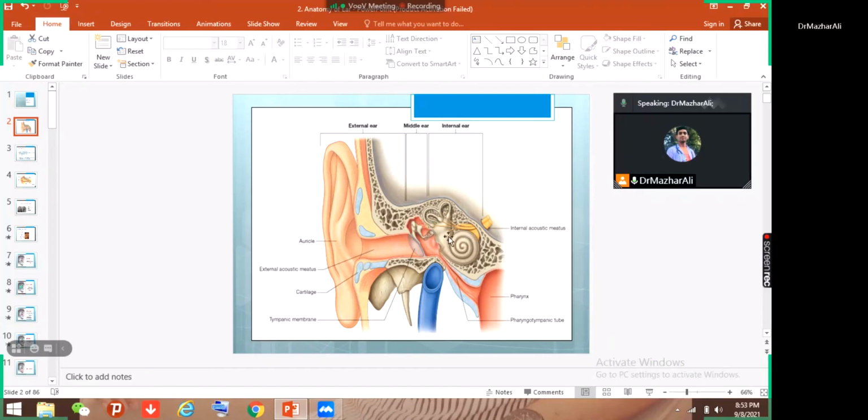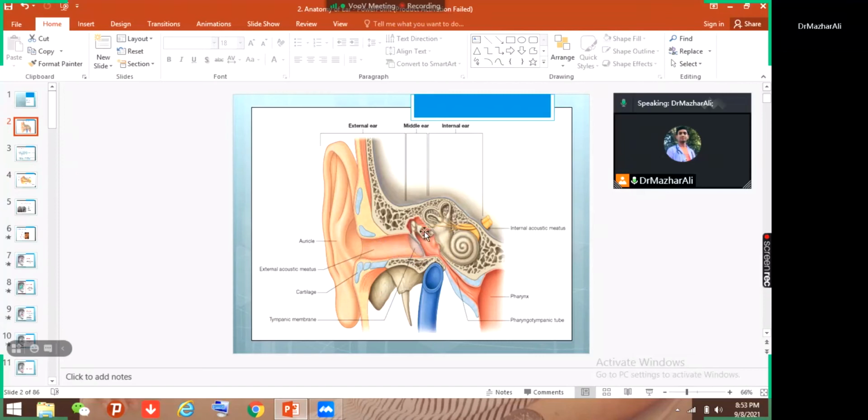The middle ear is just a conducting pathway for sound. Sound travels from the external ear canal, the external auditory meatus, to the tympanic membrane, and then through the bones to the inner ear.